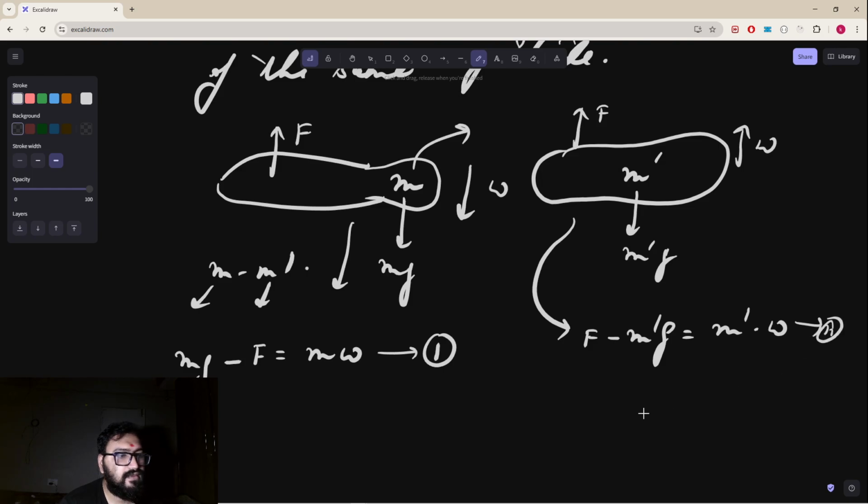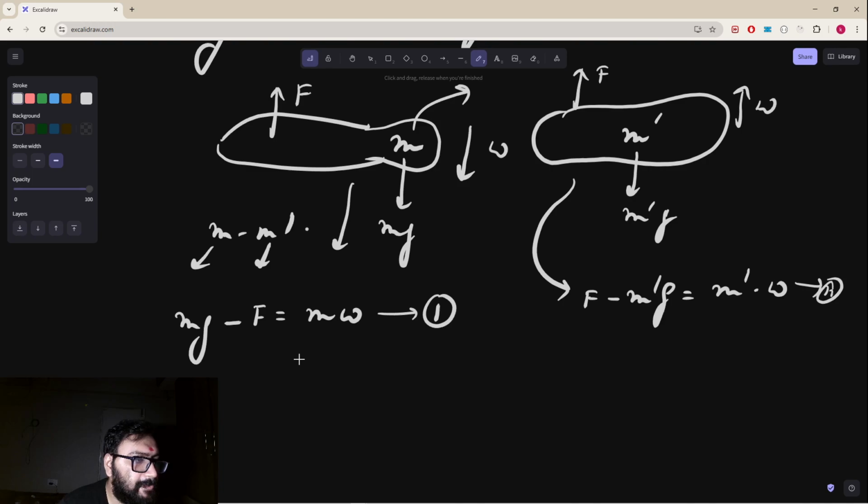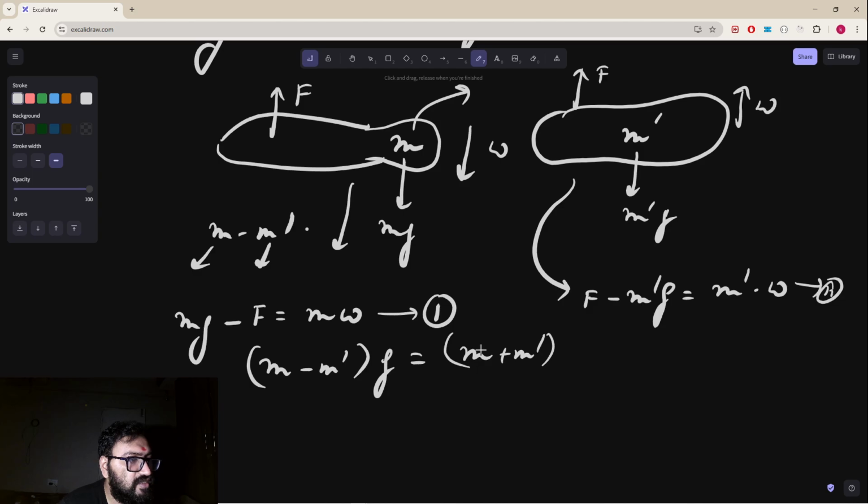From here I think I can eliminate F. If I just add these two equations, I get m minus m dash into g equal to m plus m dash into omega.